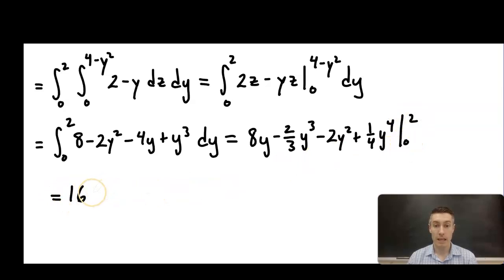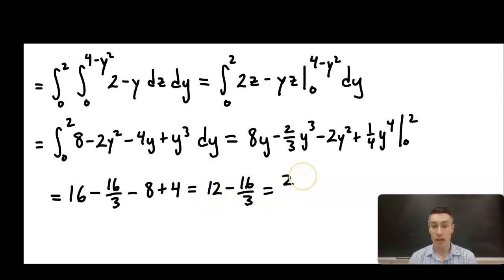So we get 16 minus 8 times 2/3 is 16 over 3, minus 4 times 2 is 8, plus 16 times 1/4 is 4. So that's going to be 12 minus 16 over 3. So 36 over 3 minus 16 over 3 is 20 over 3. So the volume of that solid is 20 over 3.